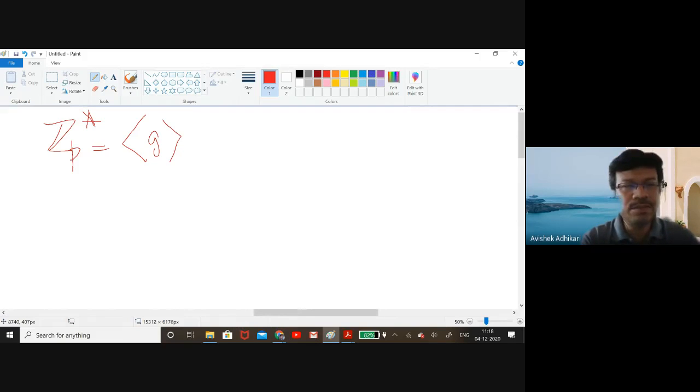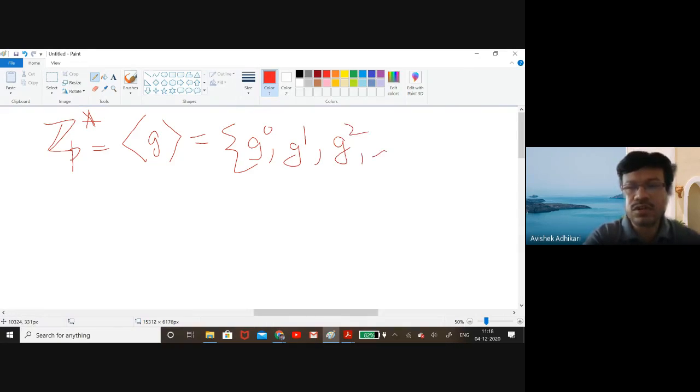Then you can write all elements of Zp star in terms of g. The elements should look like g to the power 0, g to the power 1, g squared, and so on, till g to the power how much should I go?